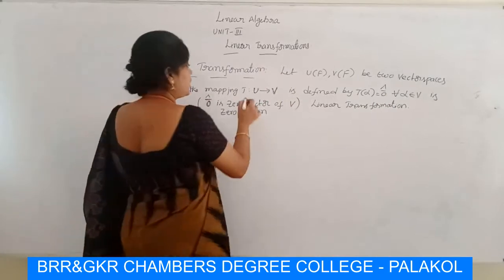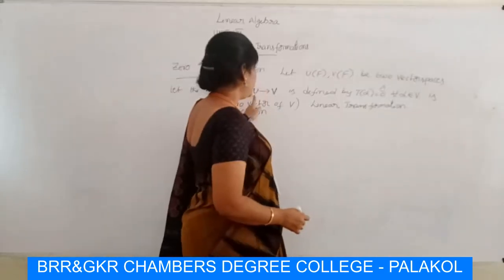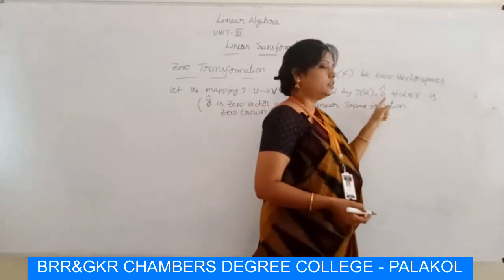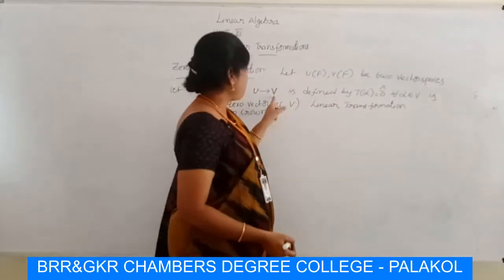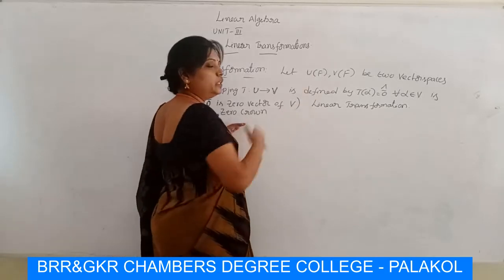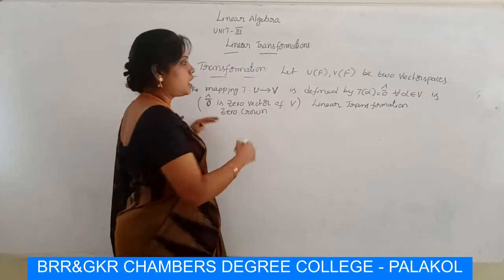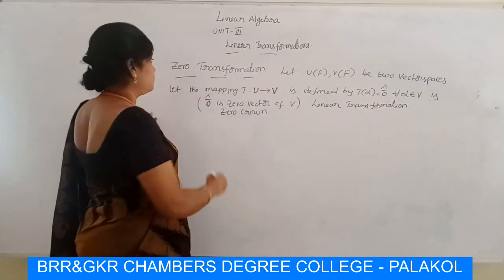Here we define the mapping T maps U to V, defined so that every element alpha in U has image 0 crown. 0 crown is the zero vector of the vector space V. So every element is associated to the zero vector of the vector space V. So we have to prove T is a linear transformation.